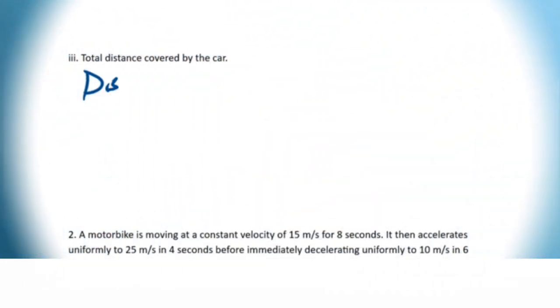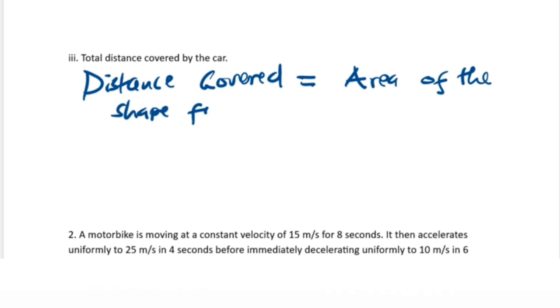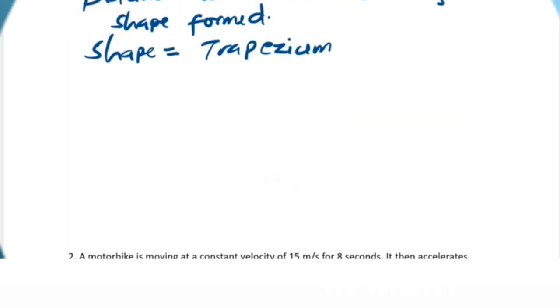Then part 2, the total distance covered by the car. Now, to get the total distance covered, you determine the area of the shape formed. Then you need to know the shape, and then you apply the normal formula for finding the area of the shape. In this case, our shape is a trapezium, and we need to know the parallel sides.